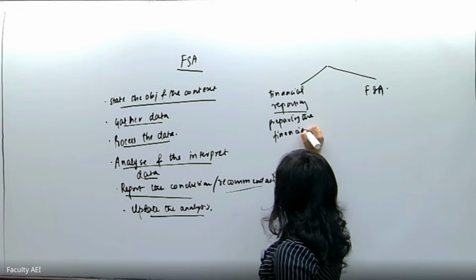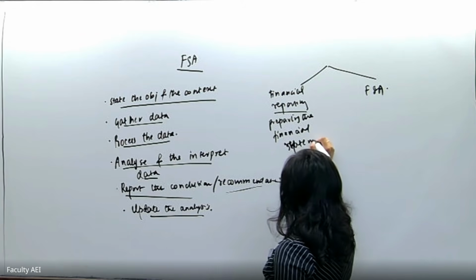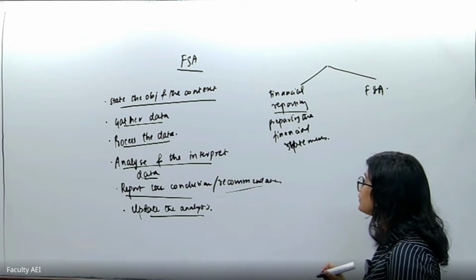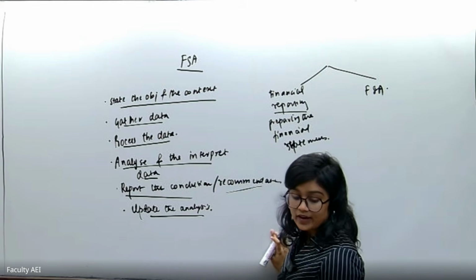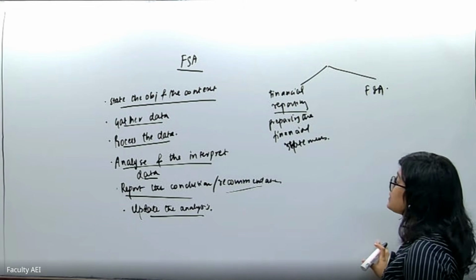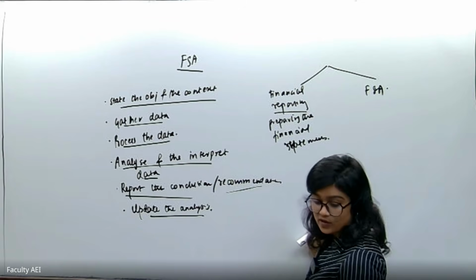You prepare the financial statements and present them to the relevant stakeholders in the way they require. That is, your creditors may require your financial reports, your stakeholders may require, your clients may require. So financial reporting is preparing the financial statements in the way that is required by the various stakeholders.